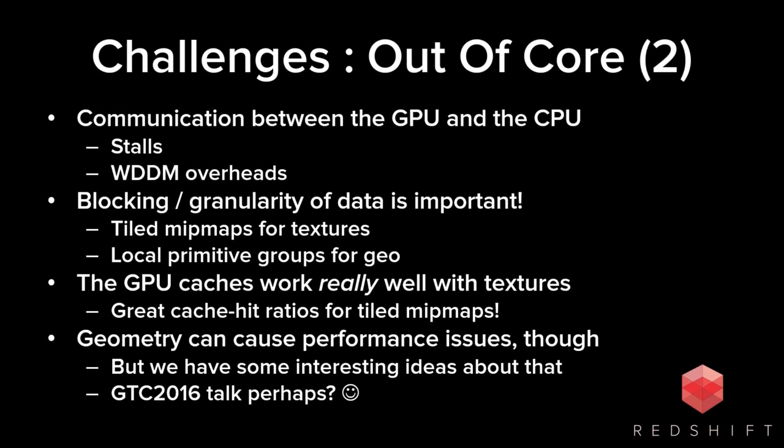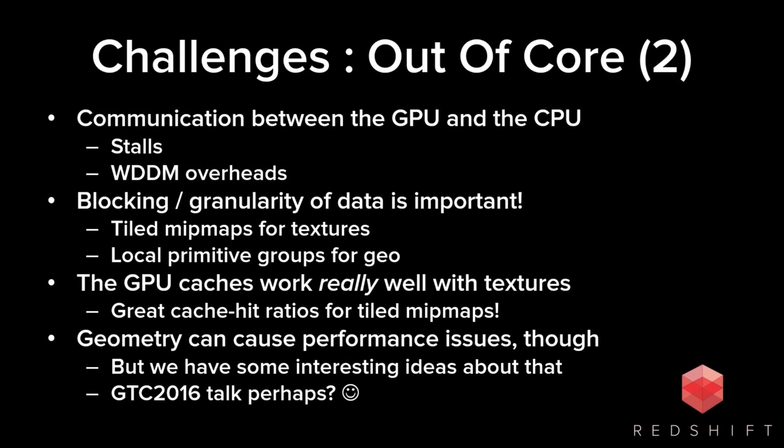Out-of-core works really great with textures. We're getting some really good cache hit ratios. It turns out that even if your scene is using tens of gigabytes of memory, which some scenes do with Redshift, you don't actually need all that data in memory. The bitmaps and the tiles mean that you need a much smaller working space. Geometry, on the other hand, can cause some problems.